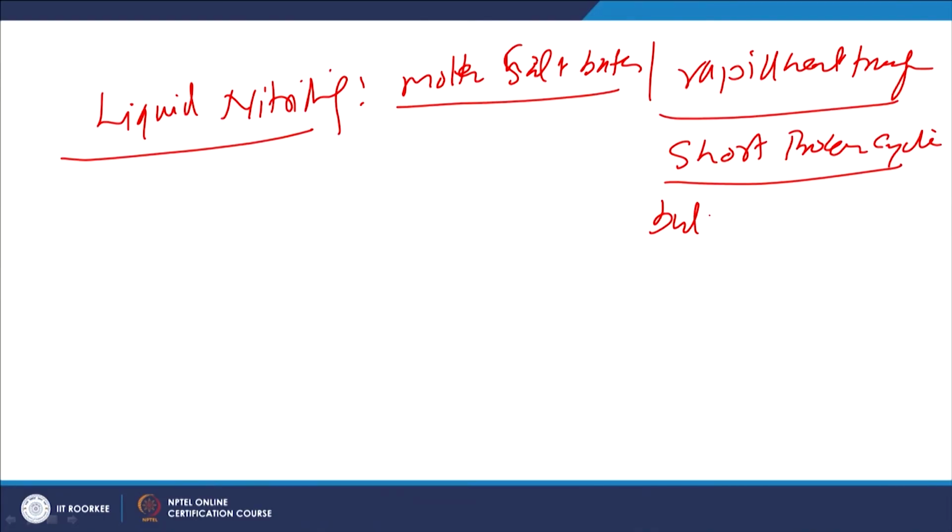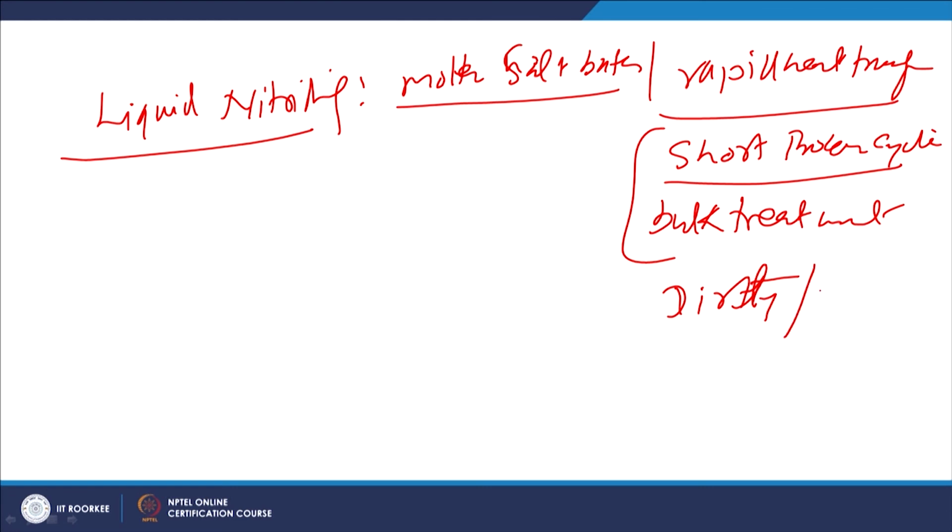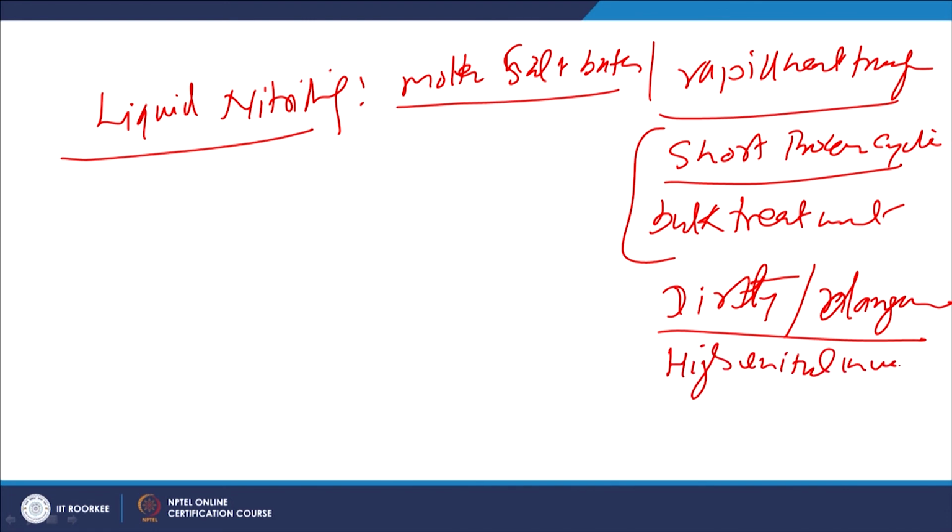So, it is good for bulk treatment when a number of small components need to be treated, but there are issues like the waste that is generated, which makes the process dirty. It also makes the process dangerous because of the use of the molten bath, and at the same time this process requires a high initial investment.